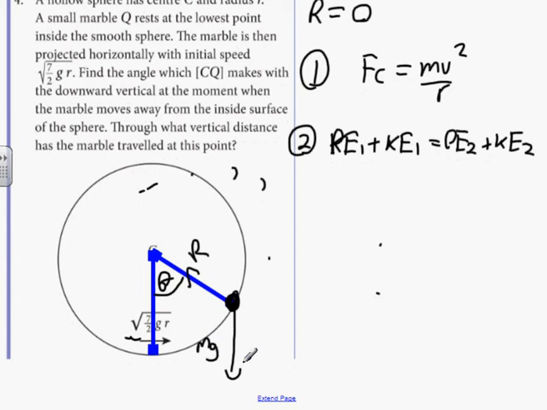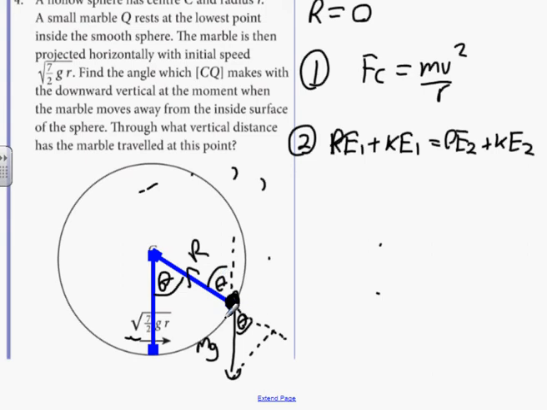mg. Alternate angle it. Theta here. Now, where's our theta going to appear this time? Our theta is going to be here this time, isn't it?